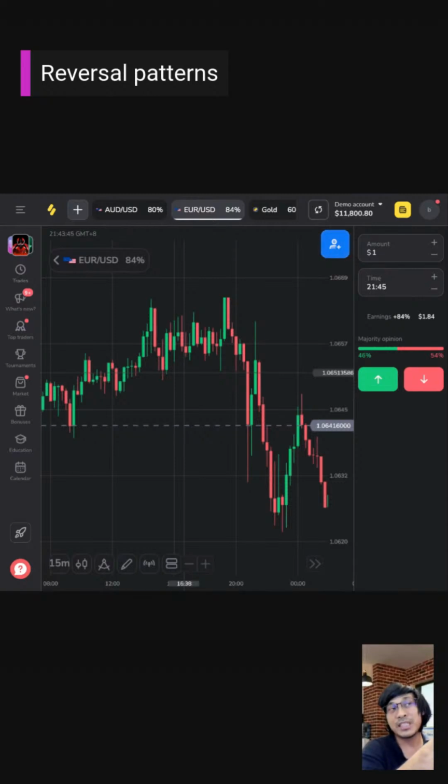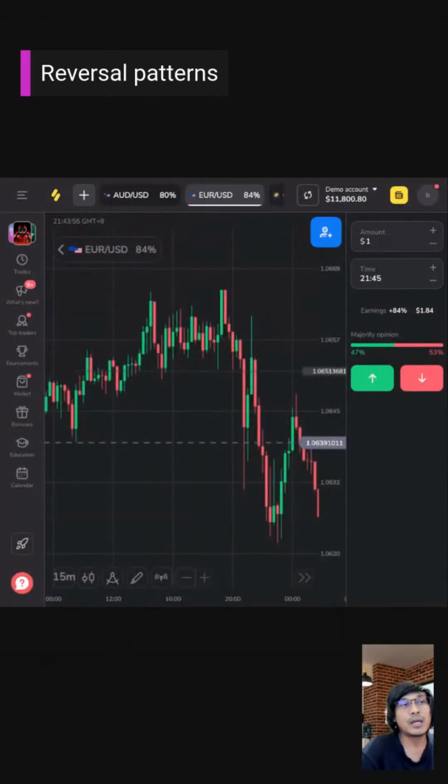Okay, so since we are looking at a 15-minute time frame, okay, the chart that I have on screen is using a 15 minutes time frame. So you can open based on the number of 15-minute candles that you think will continue to go on pushing the asset going down.